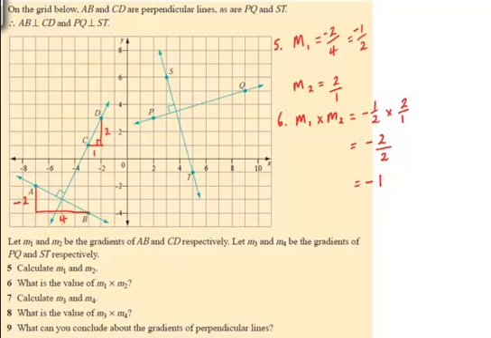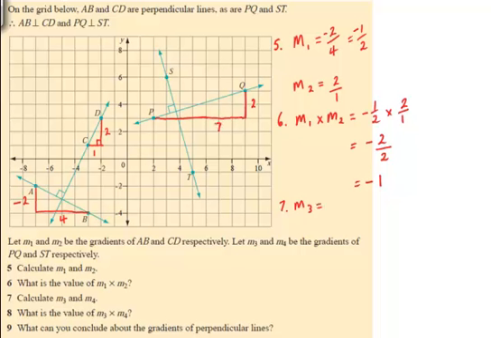On to question 7. Question 7 wants us to calculate M3 and M4. M3 is for the line PQ. If I look at the line PQ, I've got a rise of 2 and a run of 7.